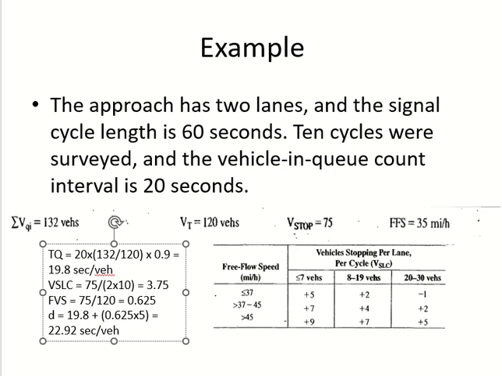Okay. Now you can see here, how many vehicles in the queue? 132. How many total? How is it possible? 120 is total. Then how can Q have 132?